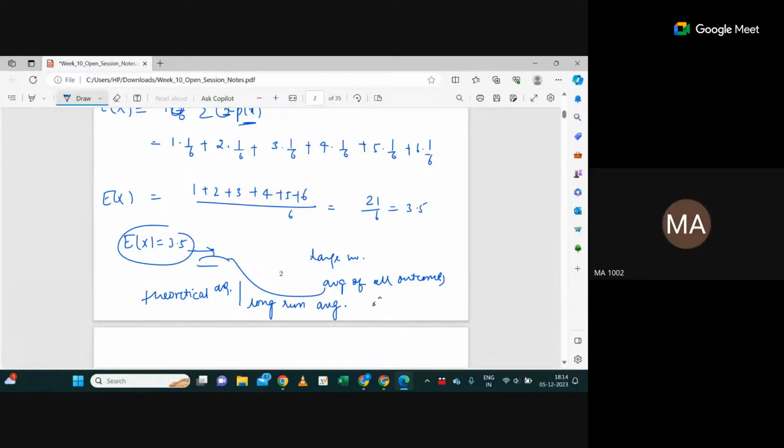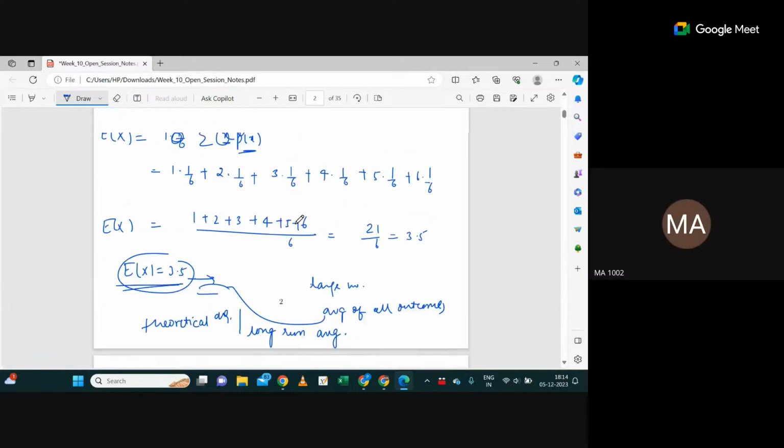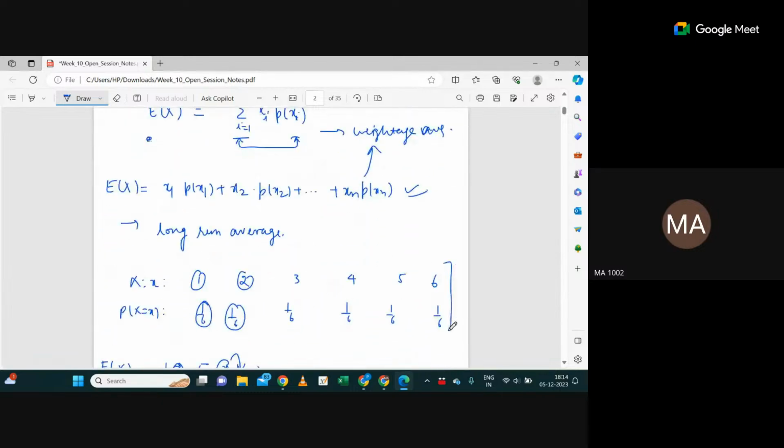It gives us a way of describing your random variable in a single value rather than giving the information like this. Any practical real life example for expectation?